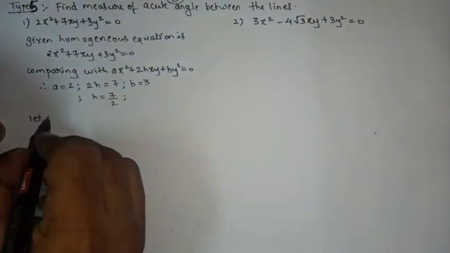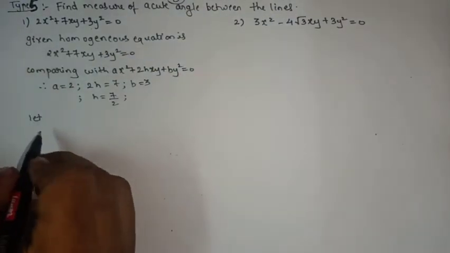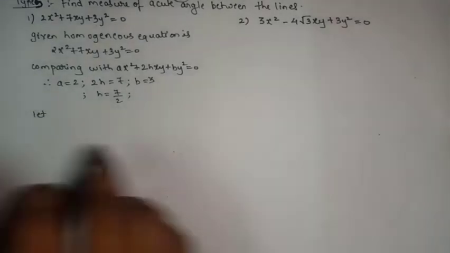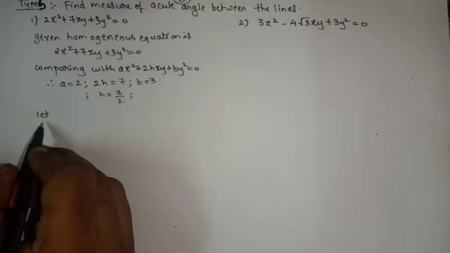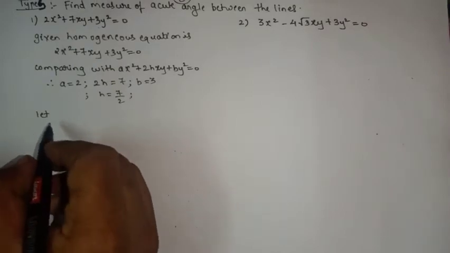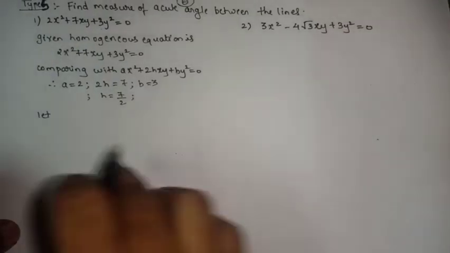So this step is very important. In the exam you have to write this step, don't forget this one, as we don't know the value of theta here, as we have to find the acute angle.